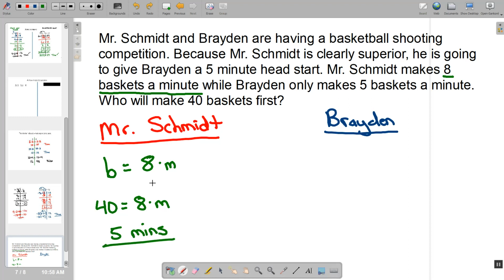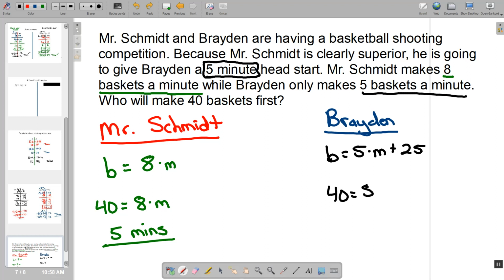He probably won't. So from here, Braden makes 5 baskets a minute, so it's going to be the same setup. But he gets a 5-minute head start. So in 5 minutes, Braden gets plus 25. So he's 25 in the lead before he starts. So to find 40, we do 40 is equal to 5 times m plus 25, which means we will subtract 25 from both sides.